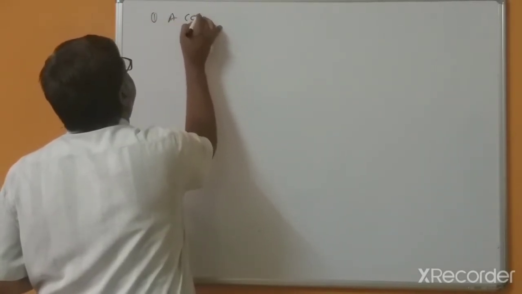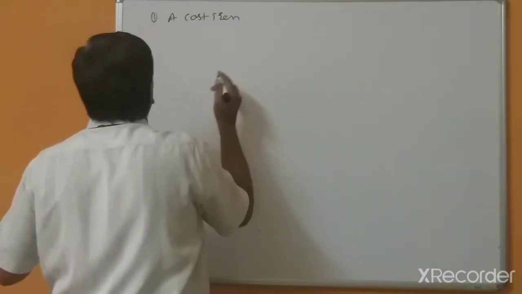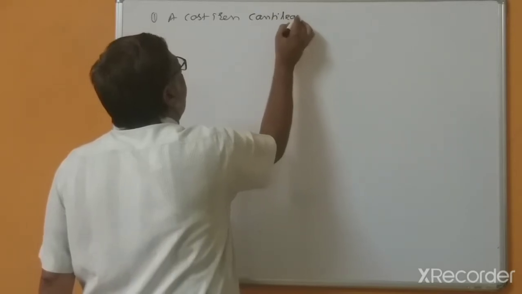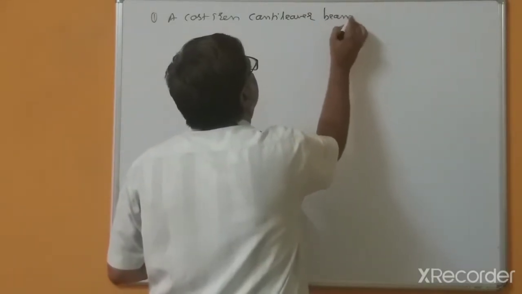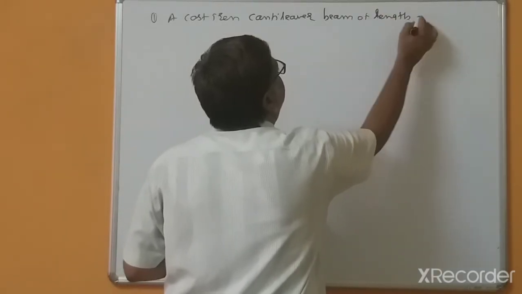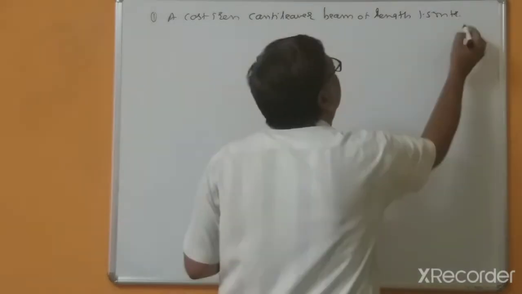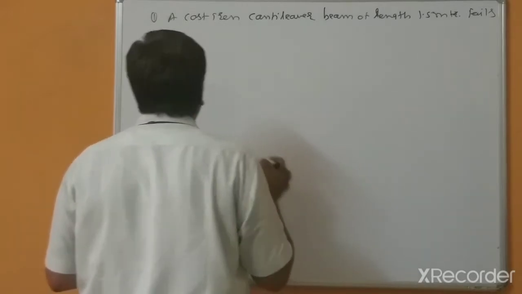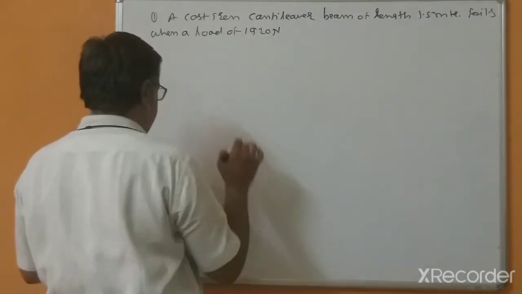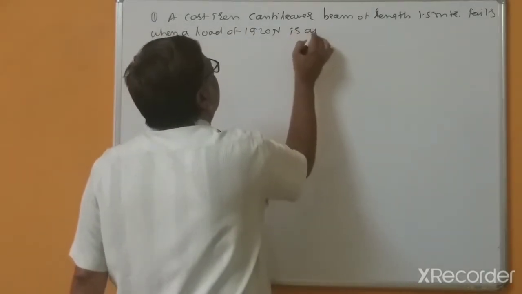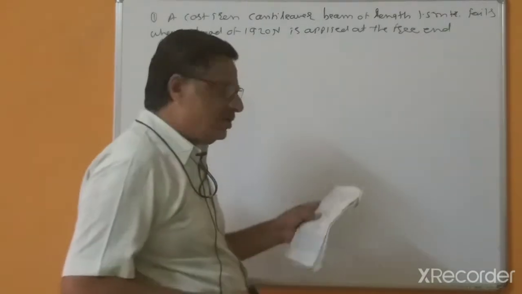A cast iron cantilever beam of length 1.5 meter fails when a load of 1920 Newton is applied at the free end of the cantilever beam.